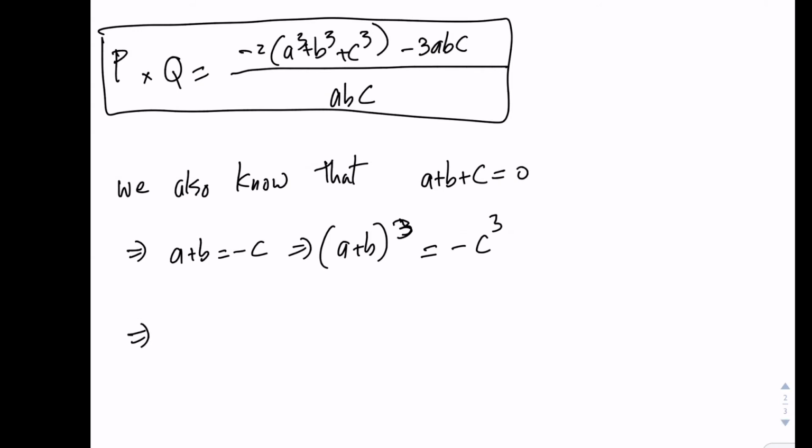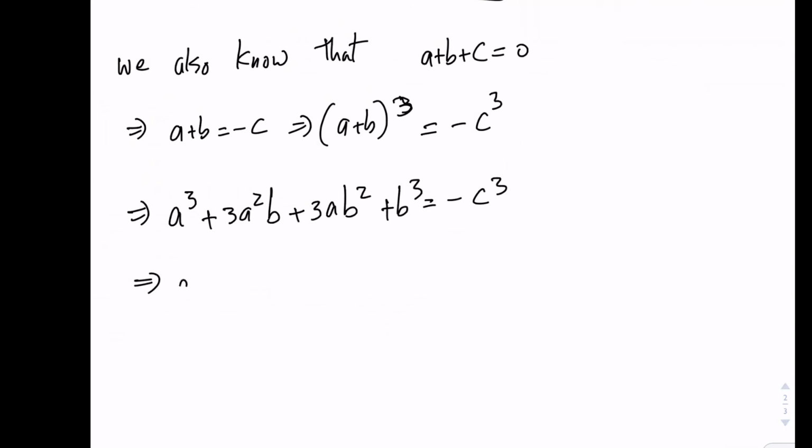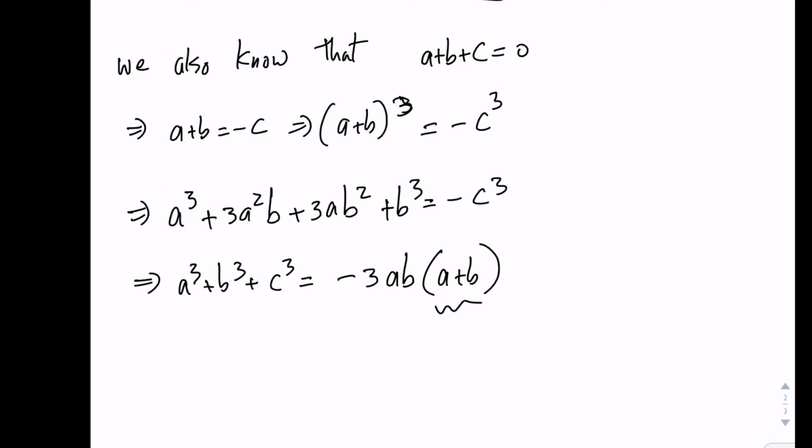Expanding the left hand side of the equation will give us A cubed plus 3A squared B plus 3AB squared plus B cubed equal to minus C cubed, and then we can say A cubed plus B cubed plus C cubed will be equal to minus 3, and we factor out AB, so it will be AB times A plus B, and again we know A plus B is minus C, so this will be 3ABC.